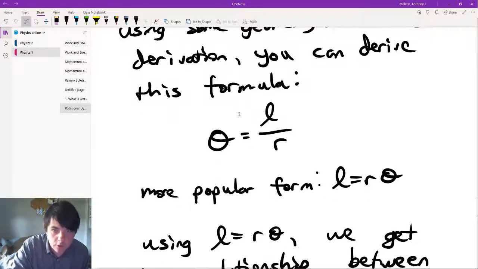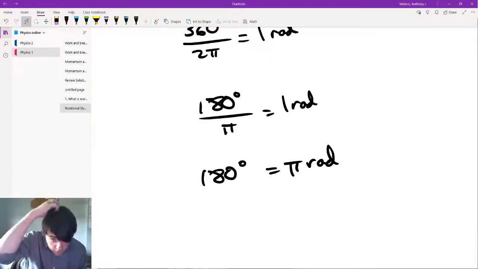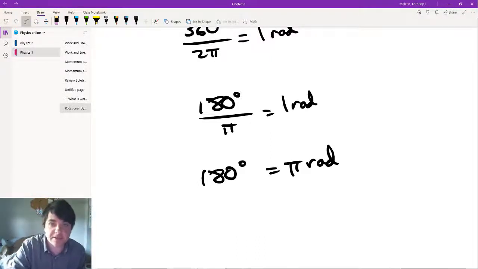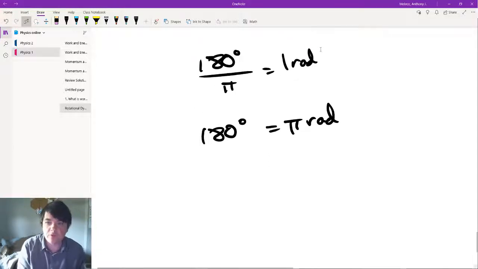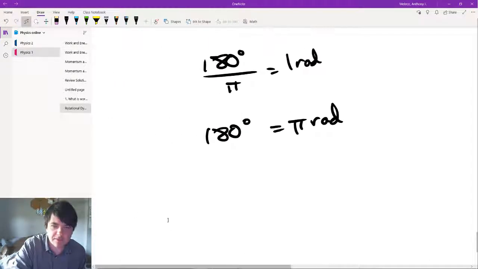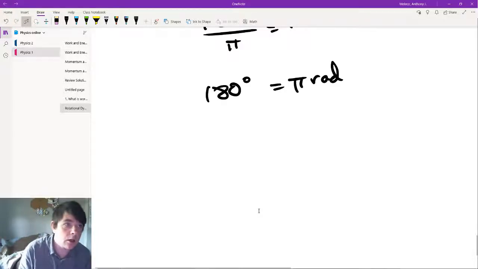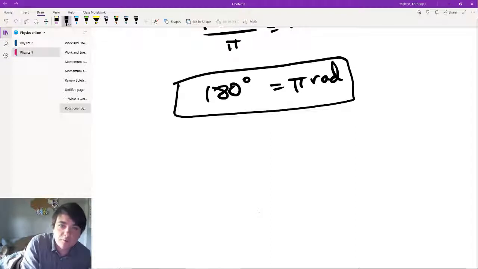That's technically true. But we assign these terms, radians and degrees, to discuss the system we're talking about. They're assigned, but they're technically mathematically dimensionless. So if you look in your textbook, especially with derivations, you'll see them switch back and forth between radians and just using the number 1. Don't worry about it too much. All you really need to know is this conversion.